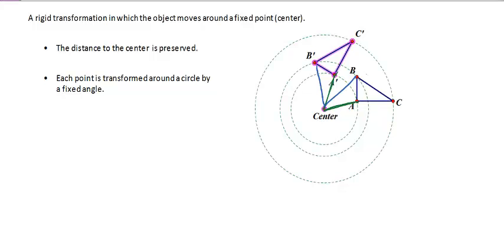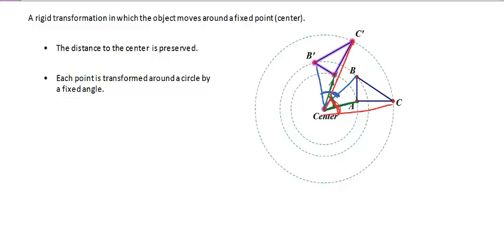You also notice that if I connect a point and its image both to the center, that it forms an angle, and it's always the same angle. So the angle between A and A prime and the center is congruent to that of B and the center and B prime, and it would be the same if I connected C and C prime here.